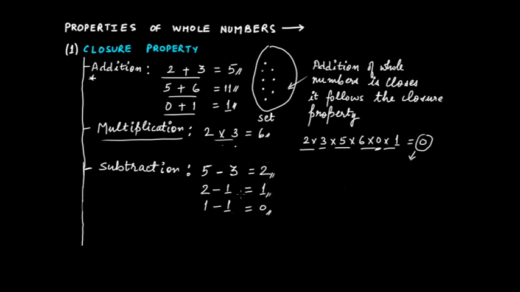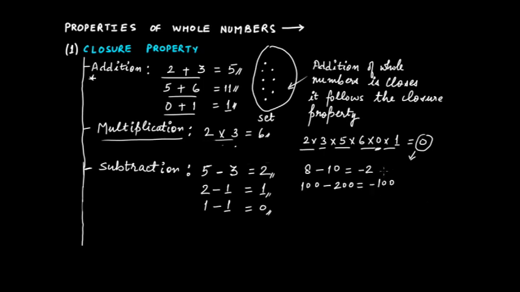But what if I have 8 minus 10, and what you would get is minus 2? Is it a whole number? No, of course it's not a whole number. Let's take another example. You have 100 and you subtract 200. The answer you would get is minus 100. Is it a whole number? No, it's not.